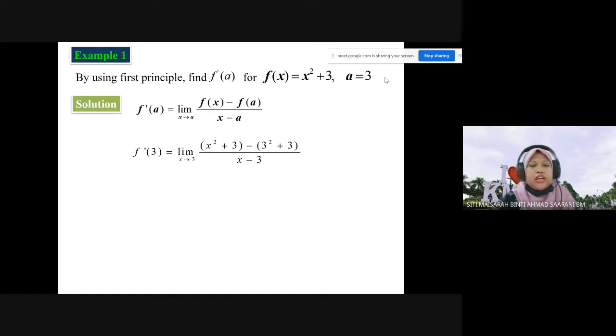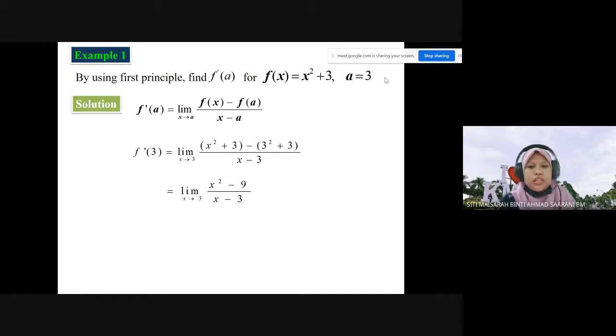Then kita simplify. Plus 3 minus 3 tu dia boleh cancel. So dia tinggal kat atas tu. Above expression is x square minus 9. So jadi kat sini we have limit x approach 3 x square minus 9 over x minus 3. Okay. Kalau ikutkan limit, konsep limit nombor, kita just terus substitute. Tapi kat sini kalau tengok kat bawah akan jadi kosong. So macam yang dia sebut tadi, denominator cannot be 0. So jadi awak kena cancel x minus 3 tu.